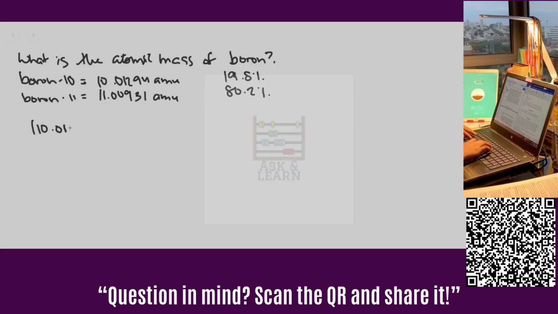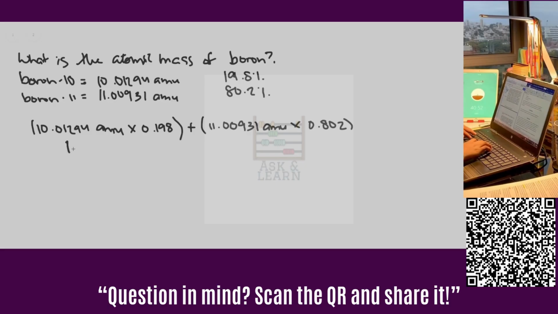So boron 10 has a mass of 10.01294 atomic mass units, and its relative abundance is 19.8%. And then boron 11 here is 11.00931 atomic mass units, and its relative abundance is about 80.2%, or 0.802.